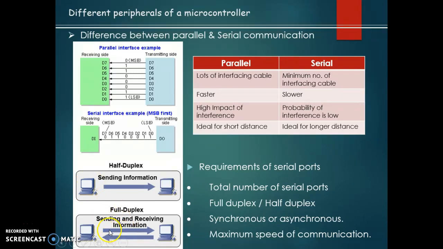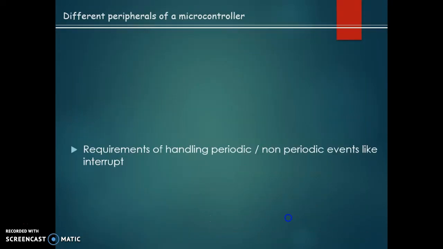But in case of full duplex, both the nodes can send and receive the data at the same time. So while you are selecting the serial ports, you need to find out how much maximum speed your microcontroller can offer. That may also be a limiting factor for selecting your microcontroller, right?